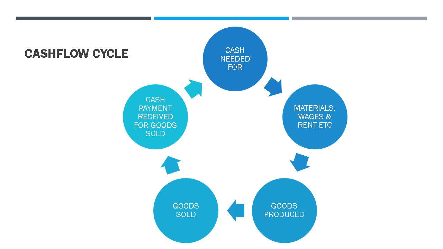This sales revenue becomes the cash which is needed to buy the raw materials and components with which the goods are produced and sold. So this is how the cash flow cycle works, with the continuous flow of cash inflow and outflow.